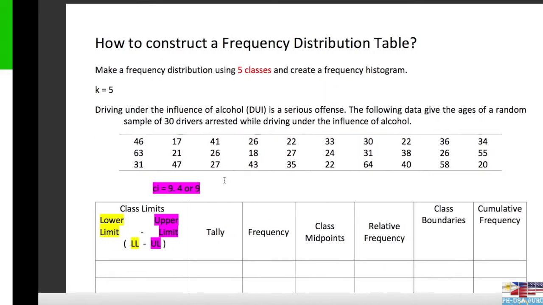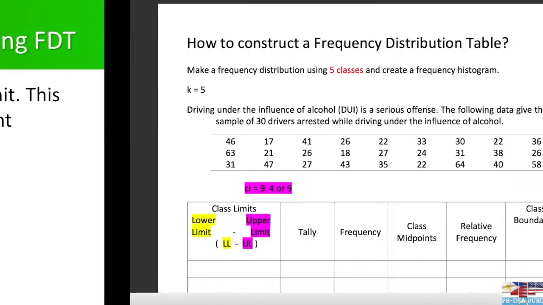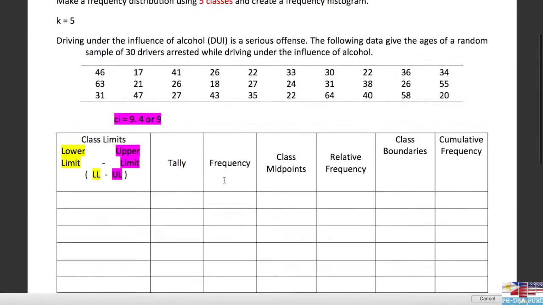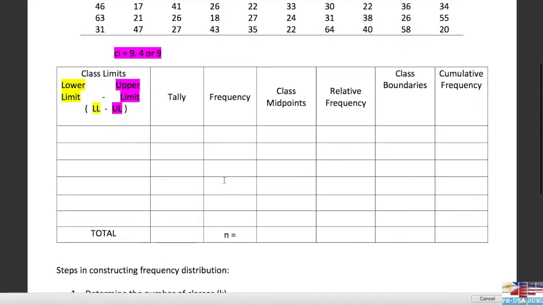Okay? So let's go to the next step. It says there, select a starting point for the lower class limit. This can be the smallest data value or any convenient number less than the smallest value. So, if we look into this, this is our table. The first column is class limits, and it consists of the lower limit and the upper limit.